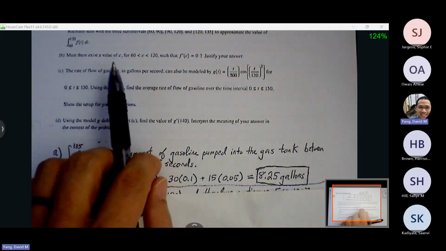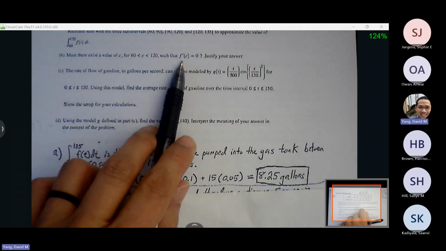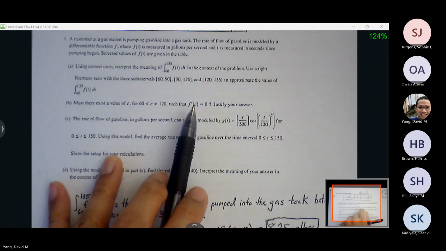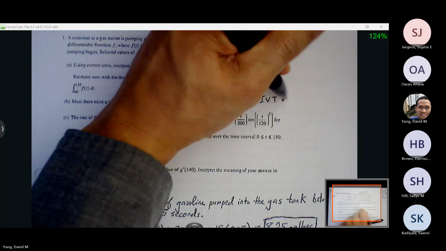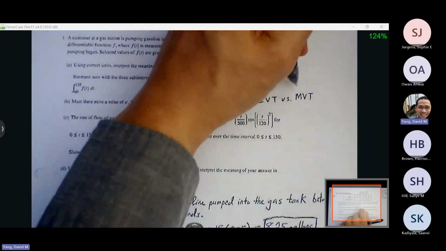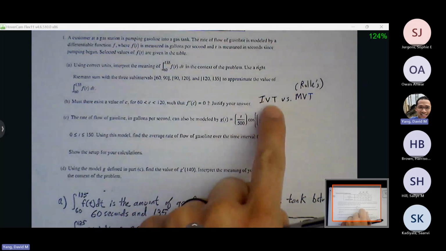Part B: must there exist a value c between 60 and 120 such that F prime of c is equal to 0? Now, sometimes it's an IVT problem, sometimes it's a mean value theorem problem. In this case, we can also call this Rolle's theorem if it falls under that category.